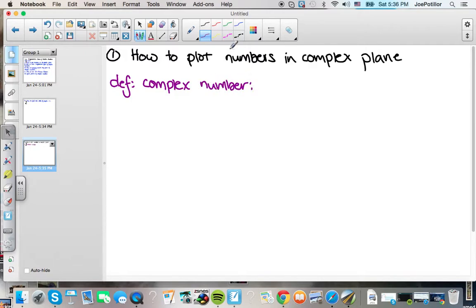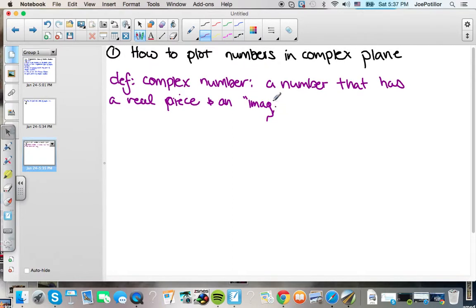Okay. A complex number is a number that has a real piece, an imaginary piece.